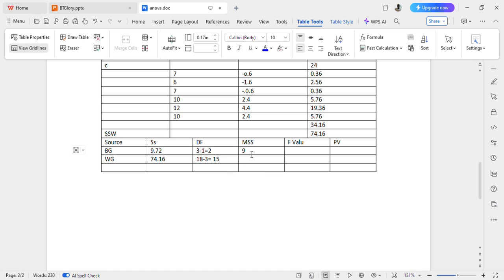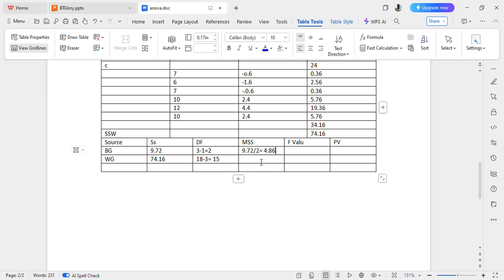So 9.72 divided by 2. What do you get? 9.72 divided by 2 gives us 4.86.